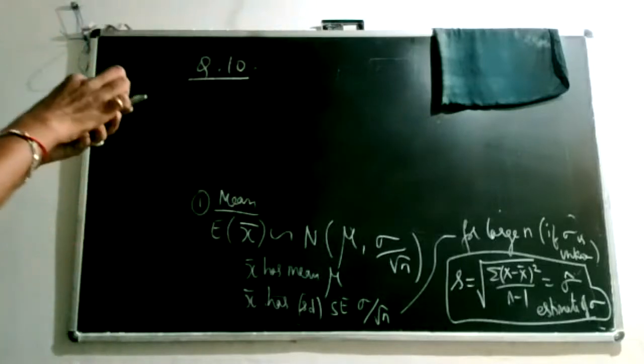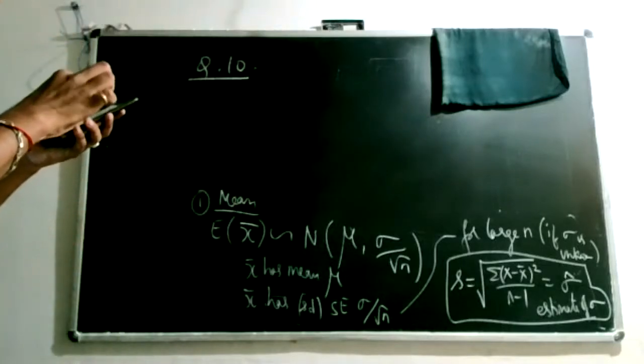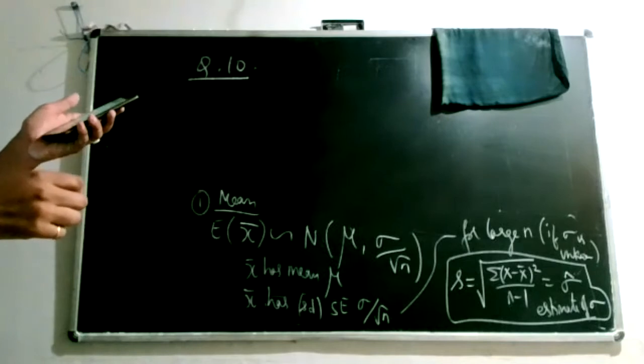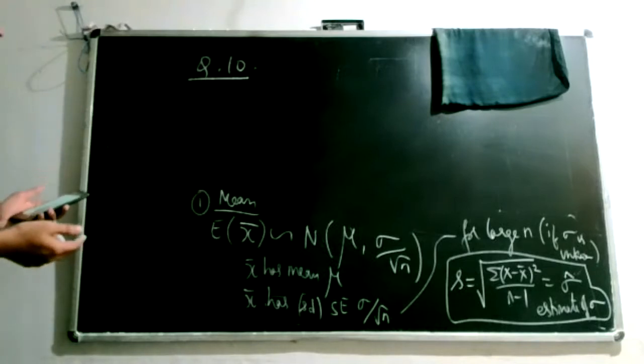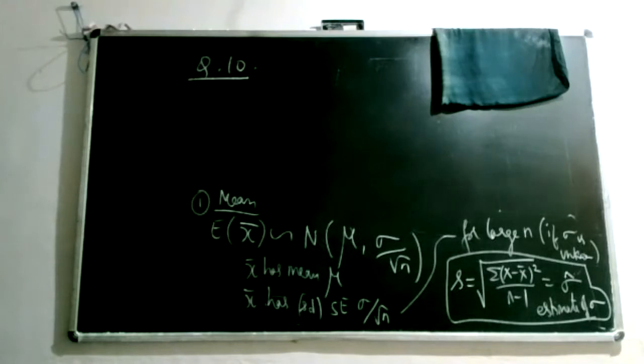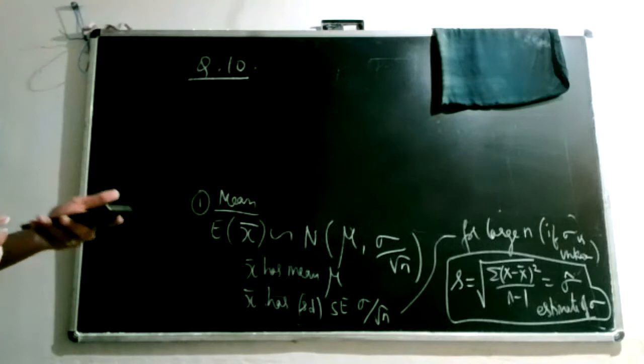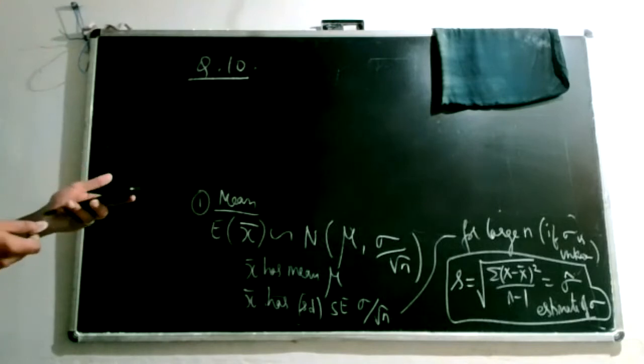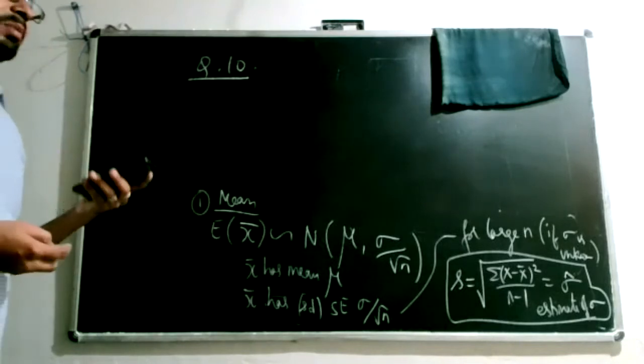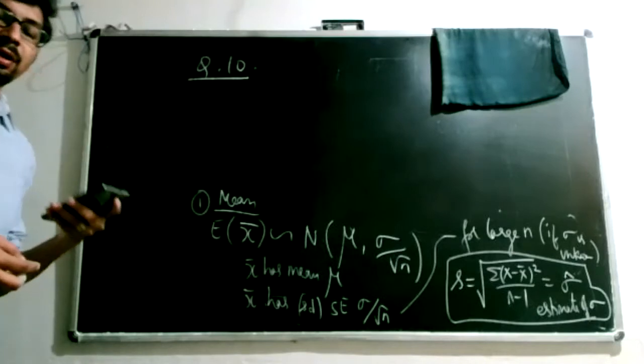Question number 10. What are t-tests? What are their applications? So t-tests are hypothesis testing procedures used to test the mean or the difference of two population means whenever a sample is selected from a normal population.